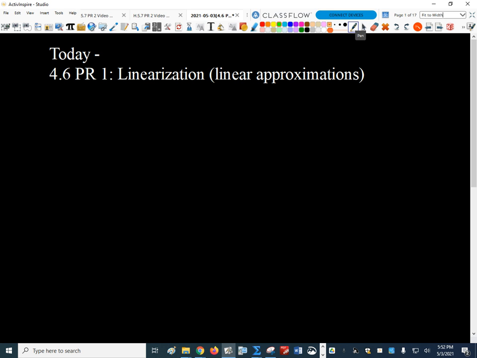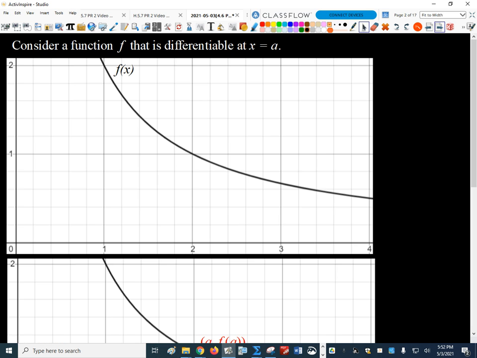All right, so we talked a little bit about this last time, but let's go back to square one. Linearization, the whole concept of linearization or linear approximations, is stuff that we already really know about, and we've already seen these concepts before.